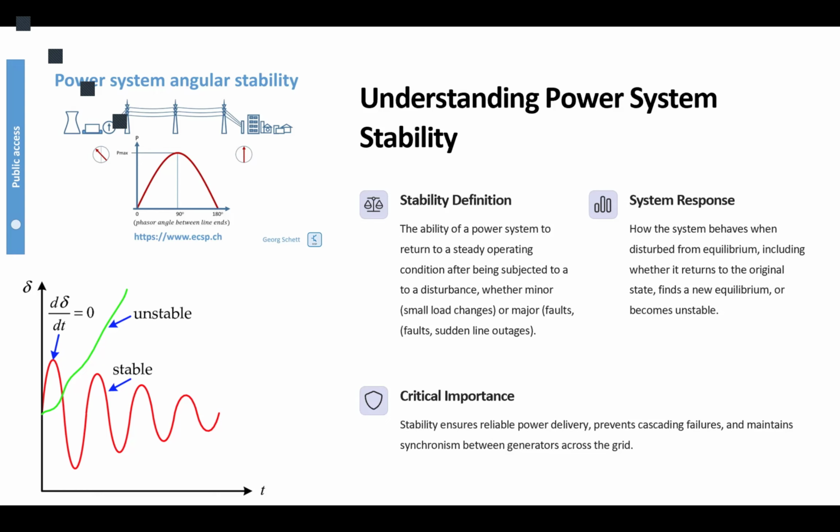Okay, besides reliability, the definition of stability was the ability of the system to go back to the equilibrium or the steady state after a fluctuation or a fault or any disturbance.